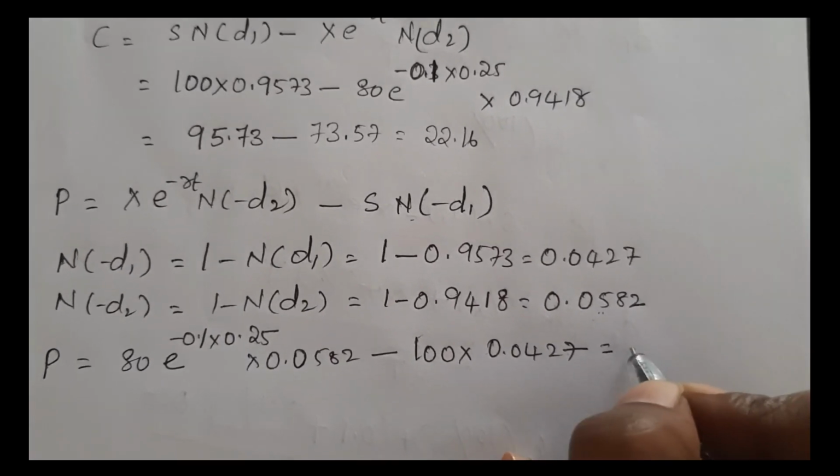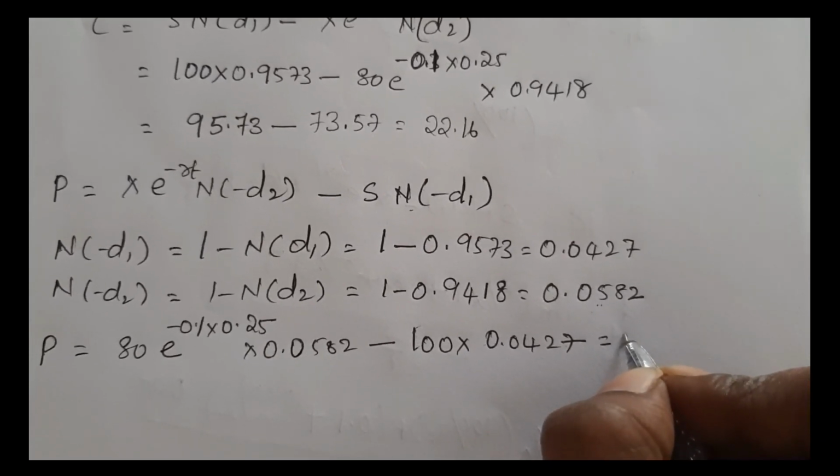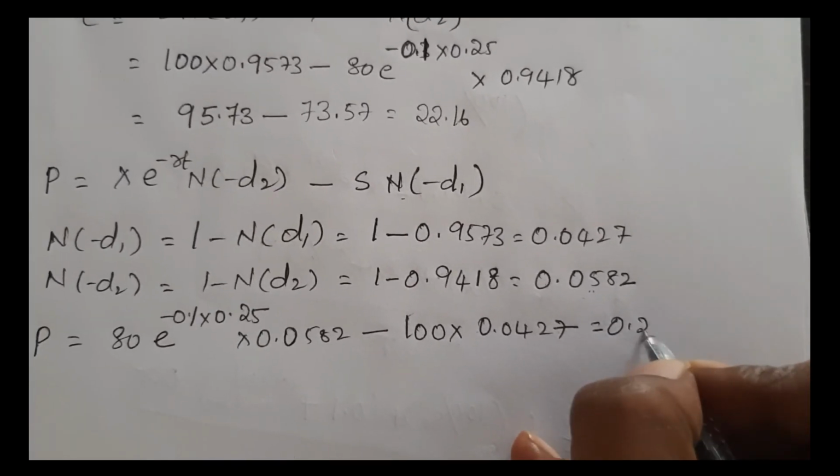So if we solve this, we will get the put option price as 0.27.